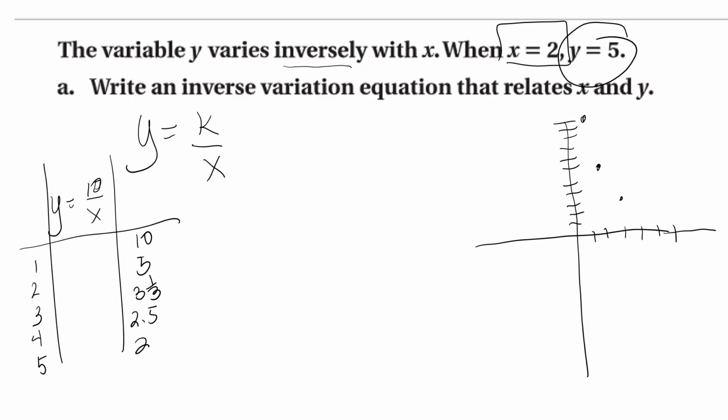I've got 4, 2 1/2. 5, 2. I can already see that curve happening. I'm going to do another one. You can see it's going to approach 1, because if I get out to 10, I would have 10 divided by 10 as 1. So here's my curve here. And then I would have a matching curve on the other side for my graph.